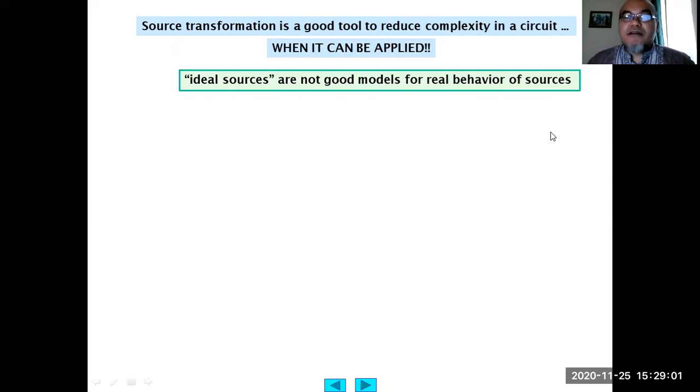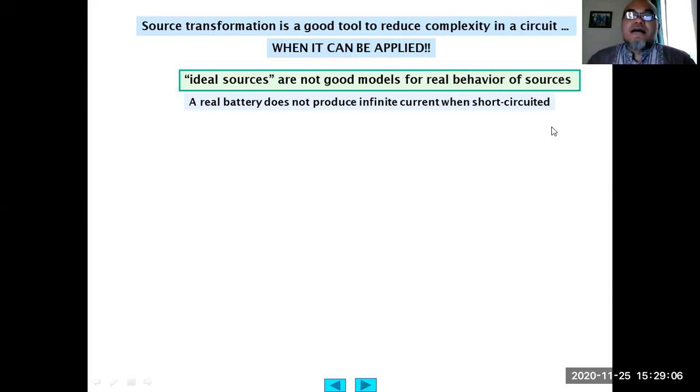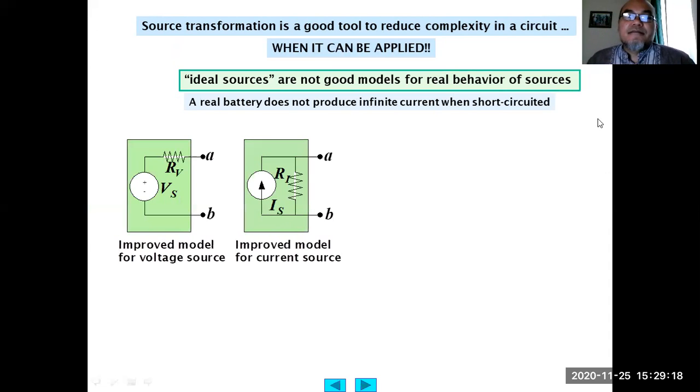Ideal sources are not good models for the real behavior of sources. A real battery, for example, does not produce infinite current when short-circuited. Why is it like that? Because it actually has an internal resistance as well. So a voltage source like a battery doesn't only contain the independent voltage source, but also an intrinsic resistor.